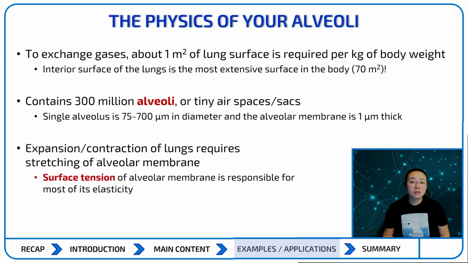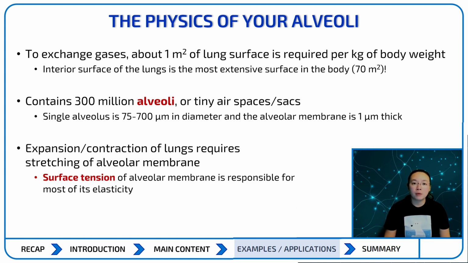So in terms of the physics of our alveoli, let's first understand what has to be done. In order to exchange gases, about 1 meter squared of lung surface is required per kilogram of body weight. That's a lot of surface. So the interior surface of your lungs is the most extensive surface in your body. In fact, it's about 70 meters squared of space.